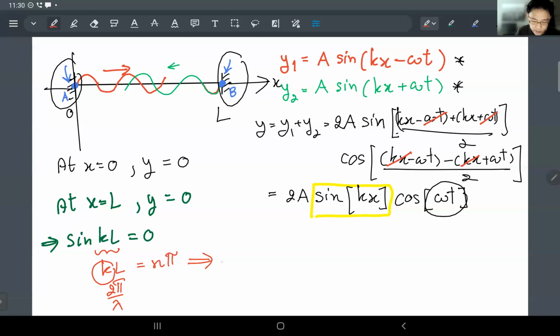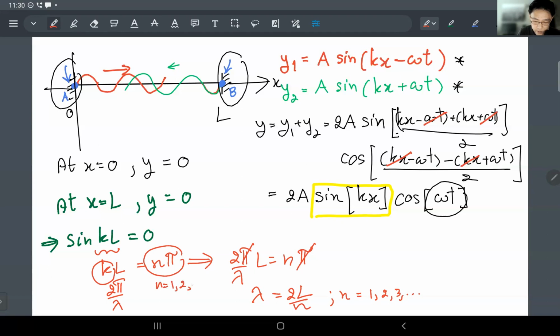So I can say 2 pi over lambda times L must be n pi. Okay, almost done. Stick with me here. Pi cancels. So that means your lambda is going to be 2L over n. Whoa. Okay. What does this mean? It means n can be either 1, 2, 3, on and on, right? Because according to this condition right here, n is either 1, 2, 3, on and on.